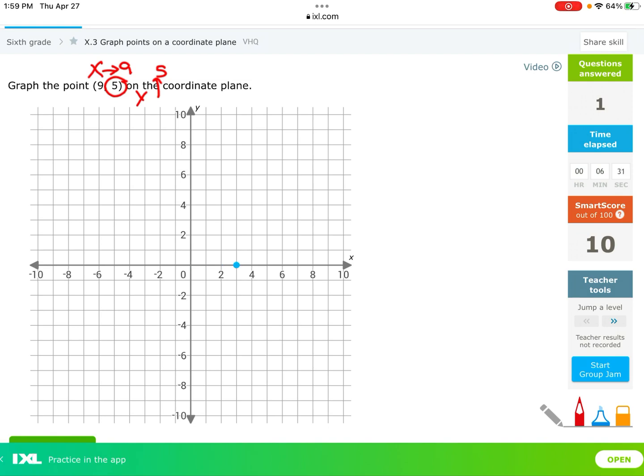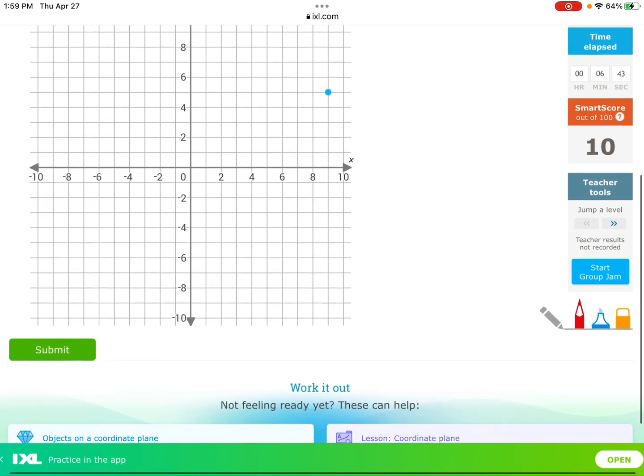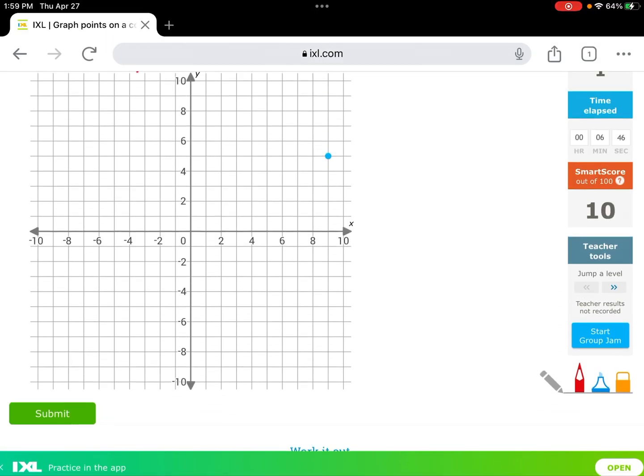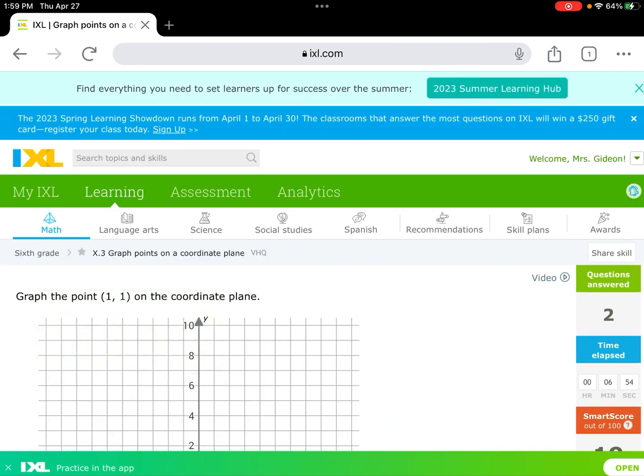X goes to a +9, so I'm going to move over to 9, right on the axis. And then the Y value is 5, so I have to count up 5. And I would put my dot there in order to graph it. So +9 is to the right from 0, 0, and then up 5.